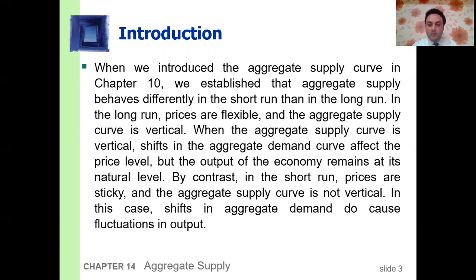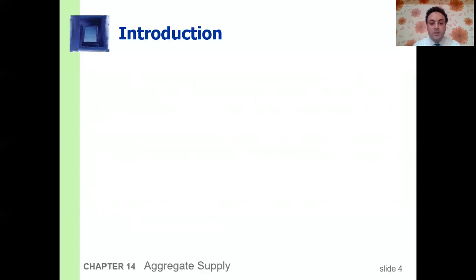Prices will rise and fall, but the output of the economy remains at its natural level because the aggregate supply curve is vertical. By contrast, in the short run, prices are sticky. So the aggregate supply curve is not vertical. In this case, shifts in aggregate demand do cause fluctuations in output, which we denote by Y. We will see this in detail.